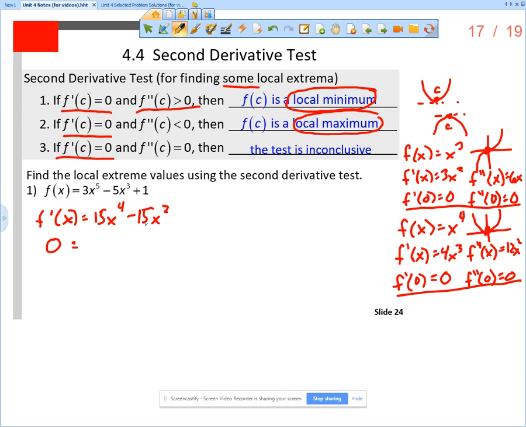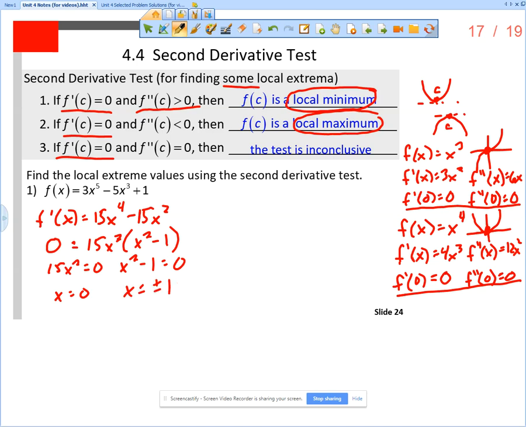So 15x to the fourth minus 15x squared, I can factor out a 15x squared, which leaves me with x squared minus 1. Now I set 15x squared equal to 0, and I set x squared minus 1 equal to 0. Then I divide by 15 and take the square root, I get x equals 0. Here I add 1 and take the square root, I get x equals plus or minus 1.